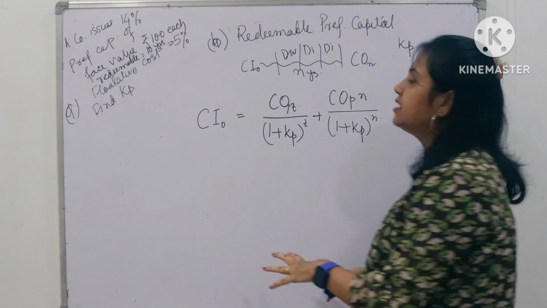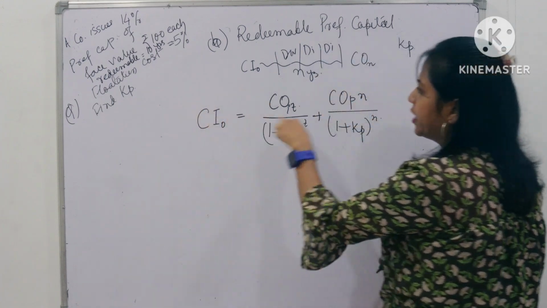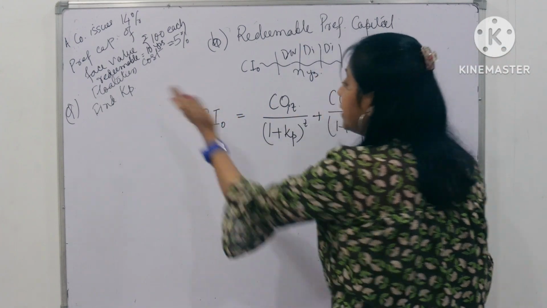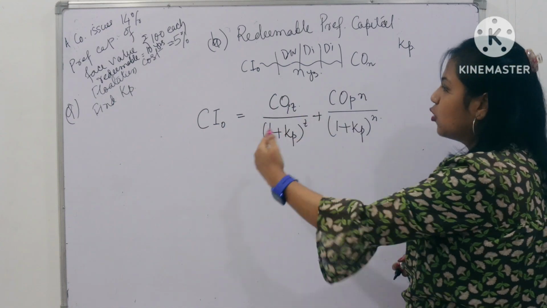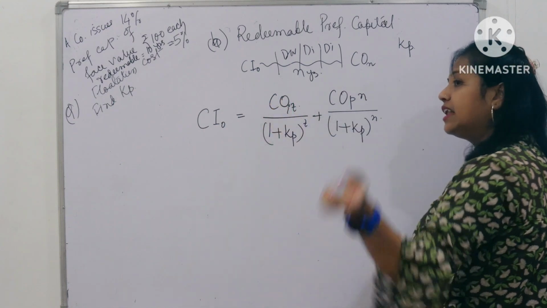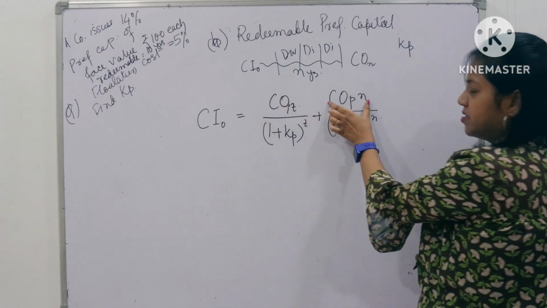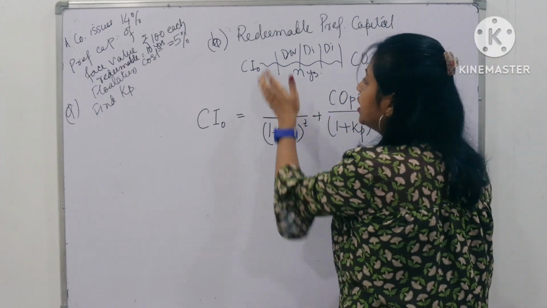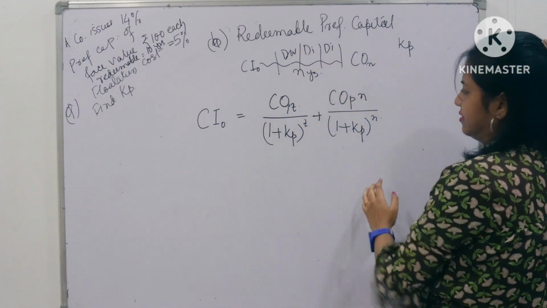Let me explain again what we are doing. This is our inflow, how much we got while issuing this capital. But since you have issued it, every year you have to pay something, the outflow, and in the last year you have to pay the principal. Interest outflow will last for many years, but principal outflow will be in the last year.